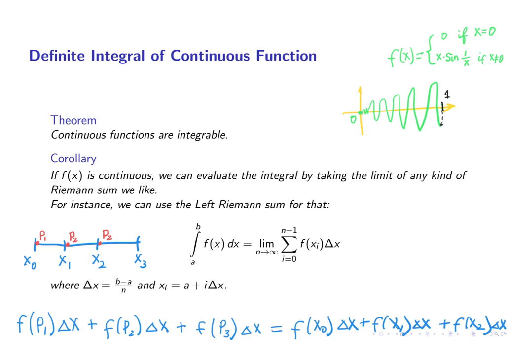So if you already know that the function is integrable, then we can focus only on a specific type of Riemann sums, like in this example the left Riemann sums, and take the limit of those. This often leads to simpler calculations.